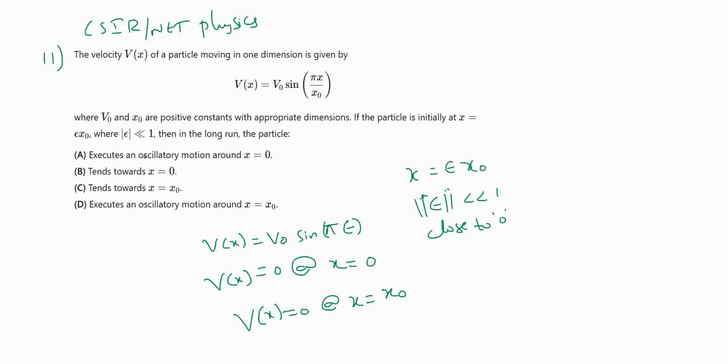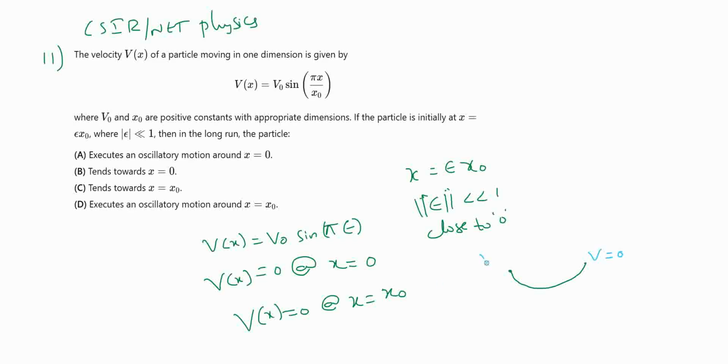If you look at the options, executes an oscillatory motion around x equal to 0. This is wrong because the oscillation is happening like this. Here velocity is 0 and here velocity is 0. Let me use another color. We just have to think about it.